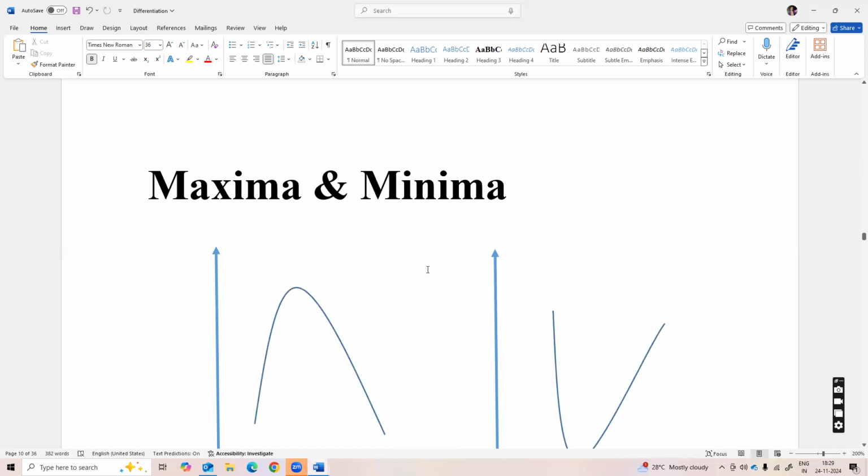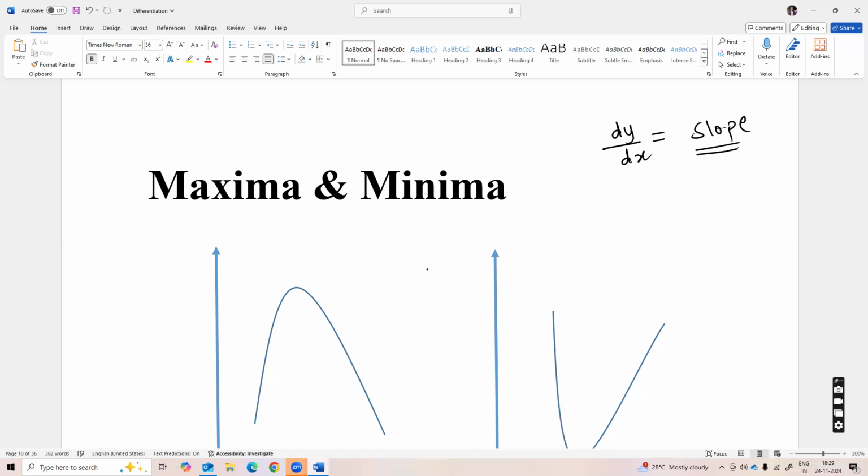So now we will see the concept of maxima and minima. Previously, we have seen the derivative of a function gives the slope of that function.